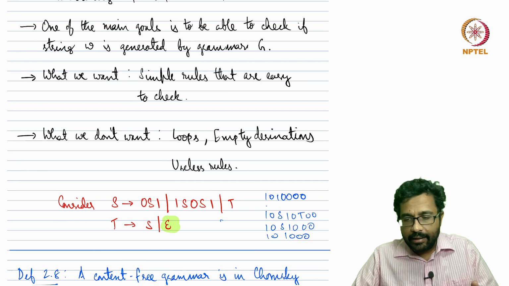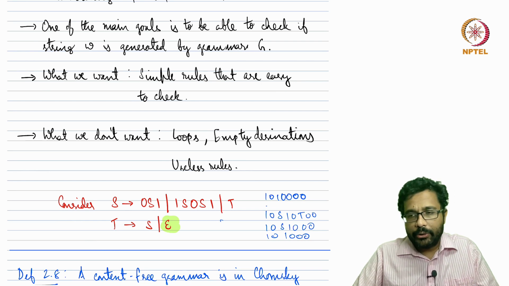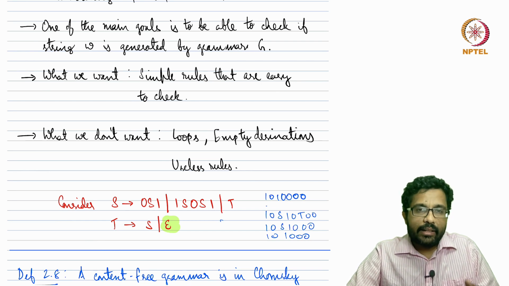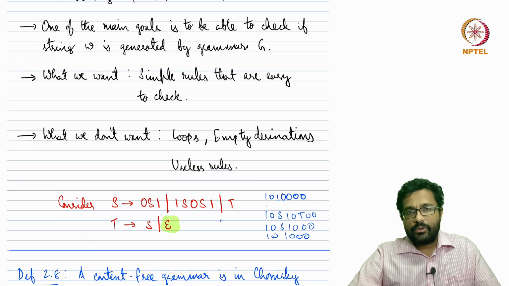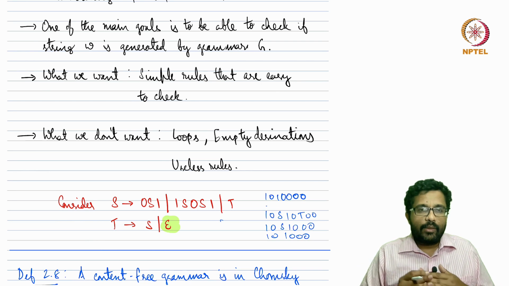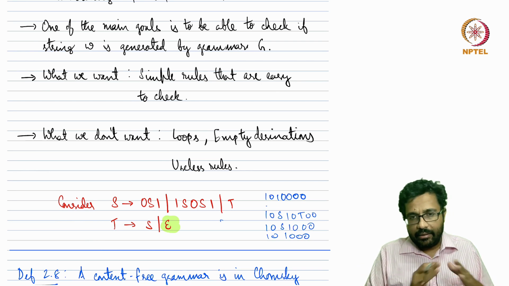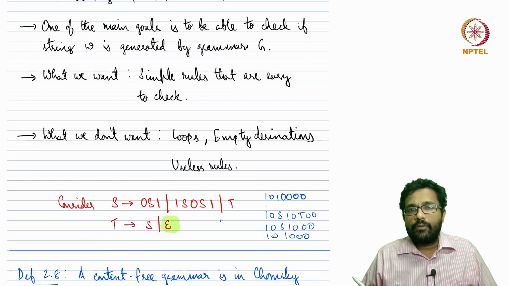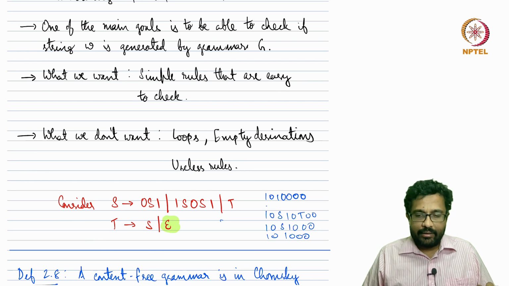Some rules are there, but if you try to use that rule, we never get an actual string by applying such rules. So these are undesirable things, and what we want is a grammar that enables the creation of an algorithm.